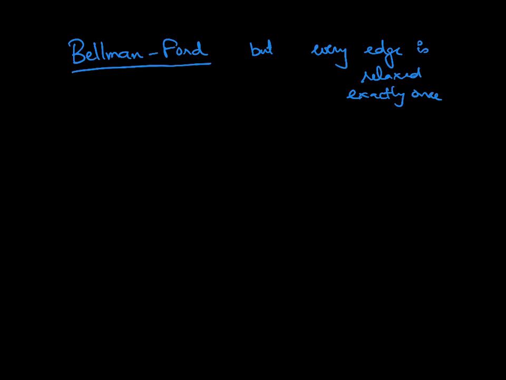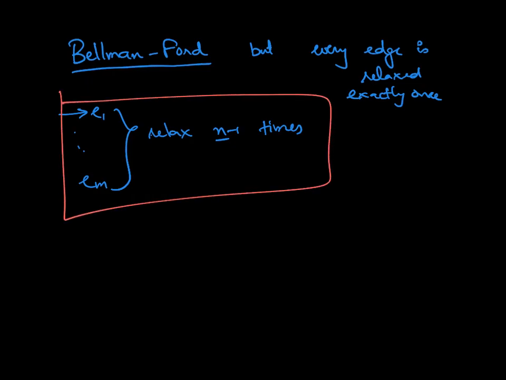Whereas in Bellman-Ford, we would come up with an order of edges E1 to EM, and then relax n minus 1 times, where n is the number of vertices. So this is the original Bellman-Ford.